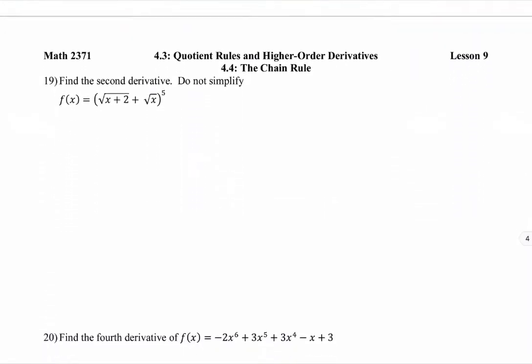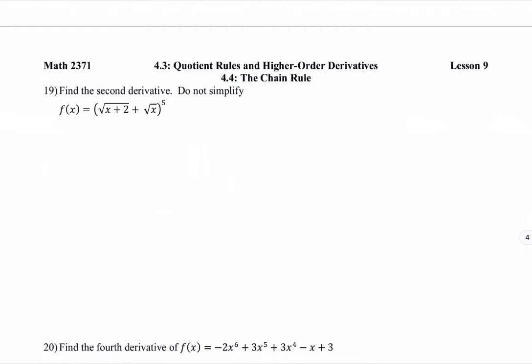Now, from here on out, what we're going to be doing is finding the second derivative, the third derivative, the fourth derivative, and so forth. All right? So for this one, the first thing we need to do is rewrite the original function. So this is going to be (x plus 2 to the 1/2 plus x to the 1/2) all raised to the 5th. All right? So when I find the first derivative, I'm going to use the chain rule.